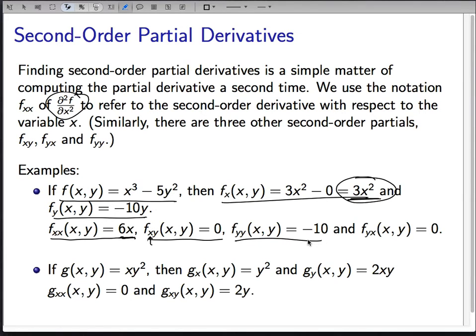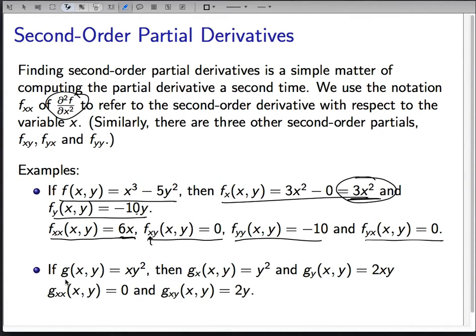Similarly, if I want to compute fyy, I look at the partial derivative with respect to y. That's negative 10y. And I take another derivative with respect to y, and I get negative 10. And I will let you just verify that fyx, which means take a partial with respect to y first, and then a derivative with respect to x, is just 0.